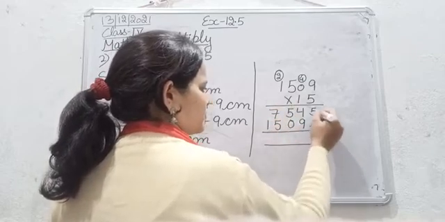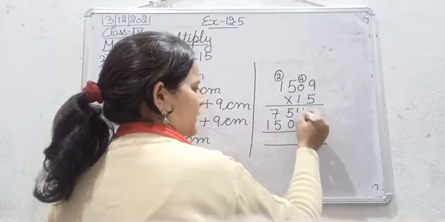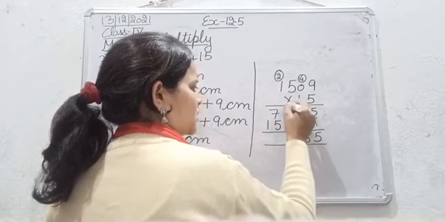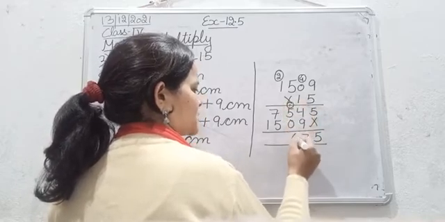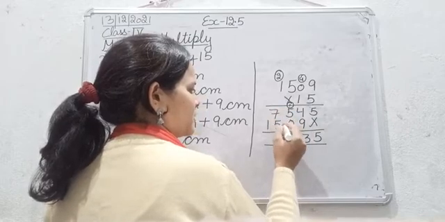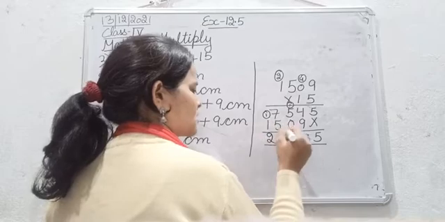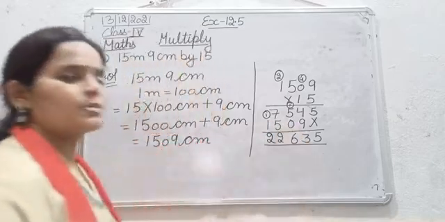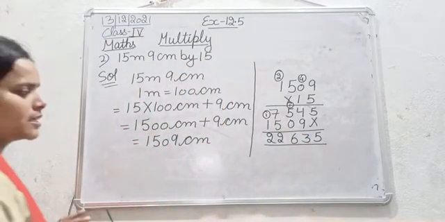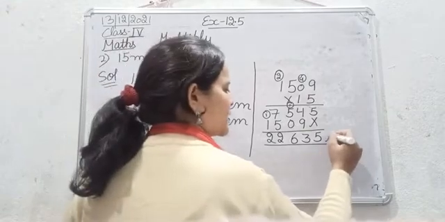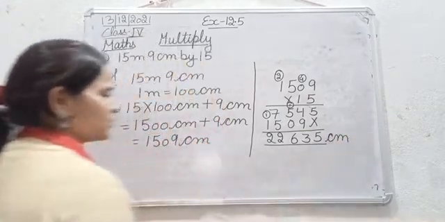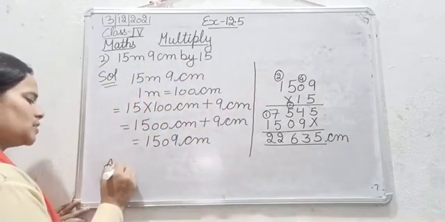Now this is 5, 9 plus 4 is 13, 5 plus 1 is 6, 7 plus 5 is 12, 1 plus 1 is 2. So after multiplication we got the answer, that is 22,635 centimeter.